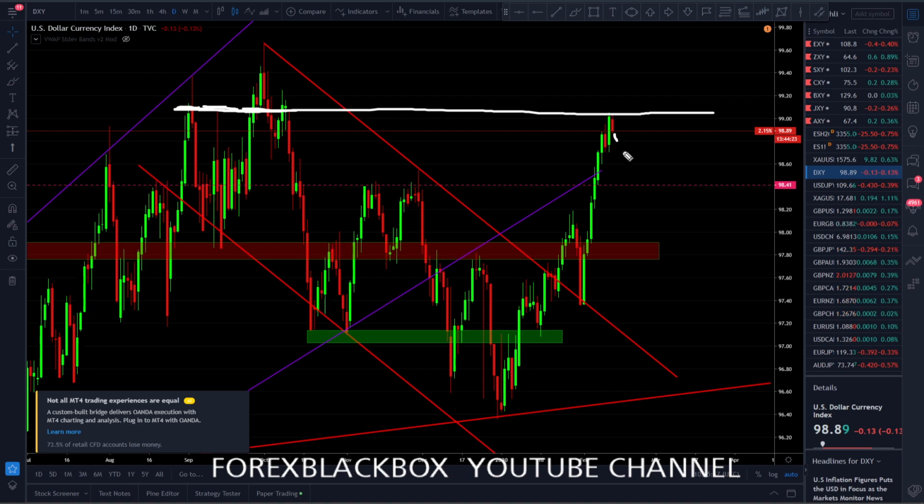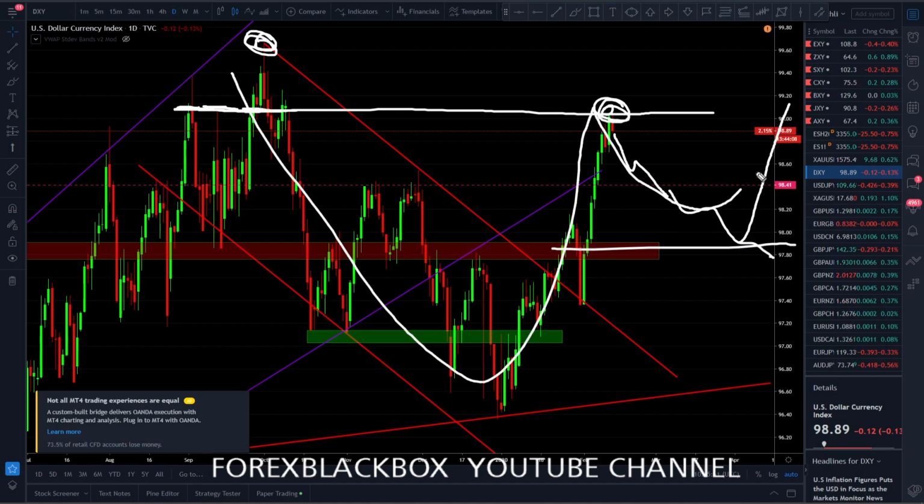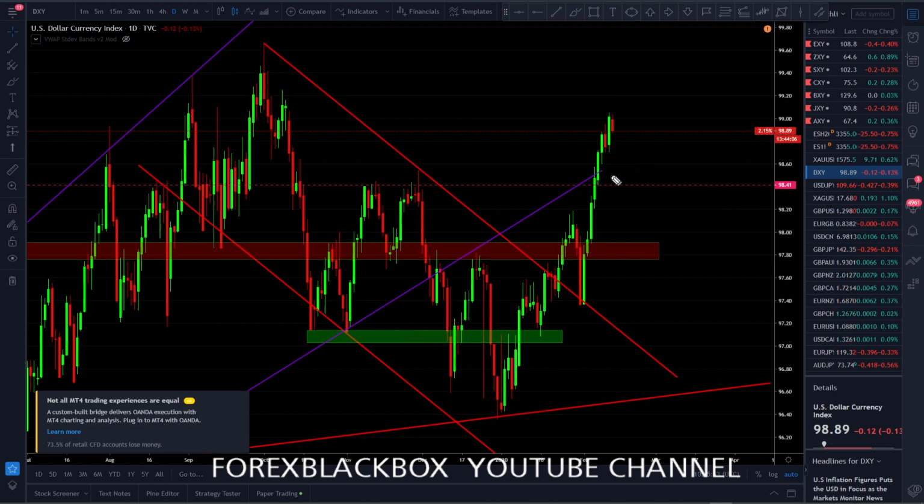If it starts to go down from here, we'll count that as a lower high. Then we will expect the index to continue back down to the support, and probably we'll try to come back up again. I will call this a common candle on the bigger time frame. But in the low time frame, it all counts. If you see the same pattern, then you will know what the next move is.